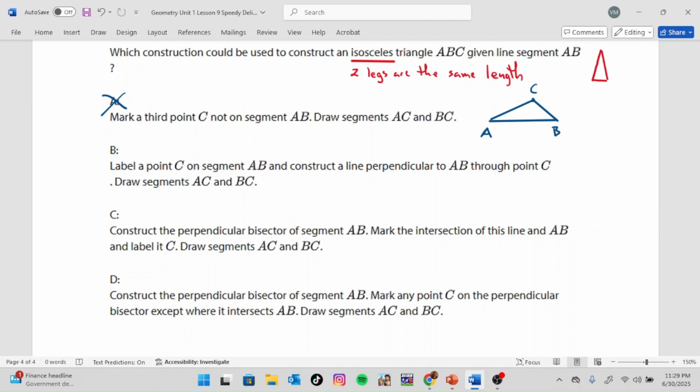Option B, label a point C on segment AB. All right, well, let's give a random segment AB.